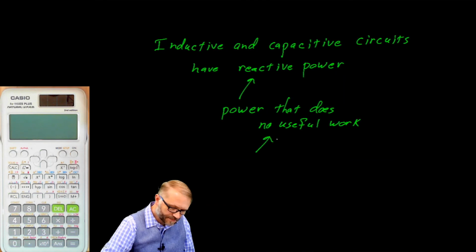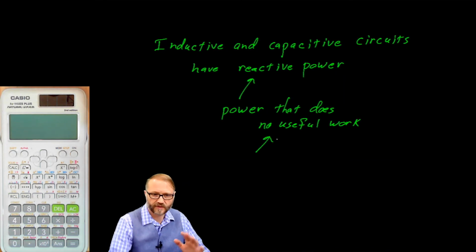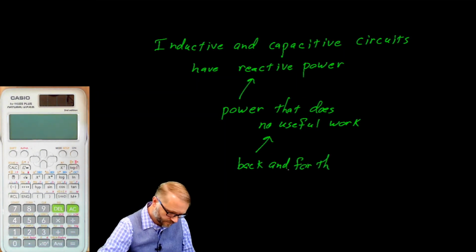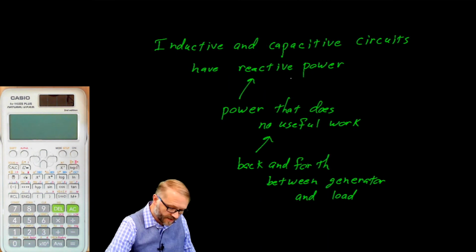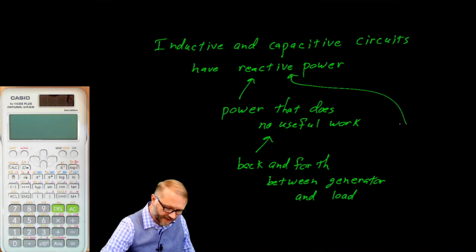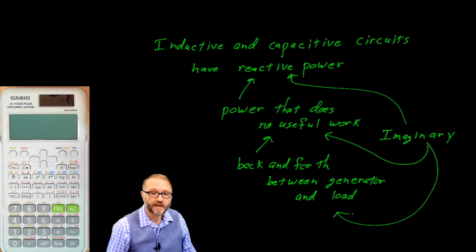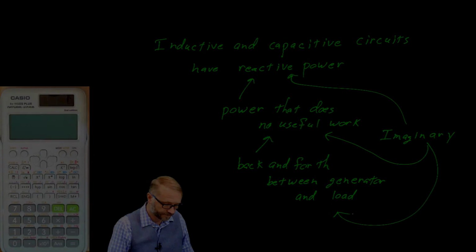We could say that this power does nothing more than flow back and forth between the generator and the load. This reactive power is described as imaginary because it does no useful work. All it does is flow back and forth between the generator and the load.